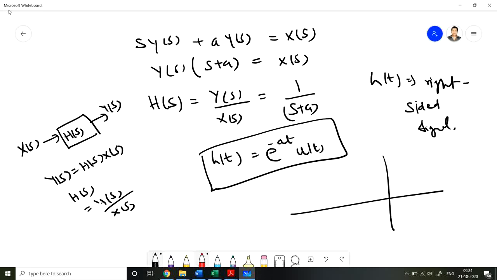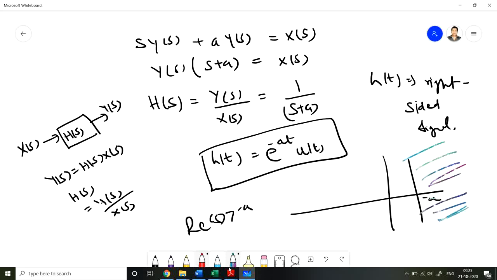So the ROC, suppose a is greater than 0, is real part of s greater than minus a. So if a is greater than 0, then minus a is somewhere here, and this is the ROC. This is sigma and this is j omega.